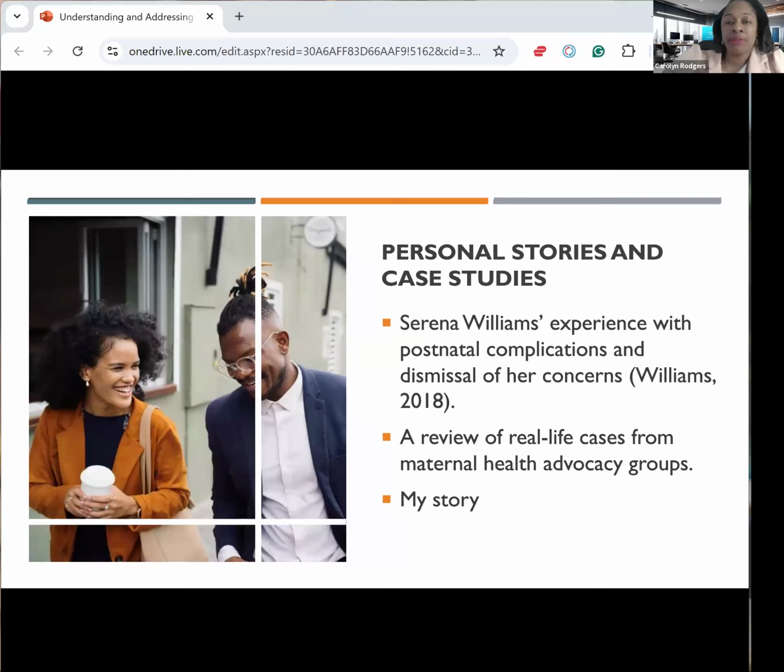So, how does this reflect implicit bias? Despite her medical knowledge, her status, because everybody knows Serena, she is a celebrity and a tennis star, and her clear articulation, her symptoms were initially dismissed. This is a textbook example of implicit bias, where the healthcare providers underestimated or discounted the concerns of a Black woman. Her case demonstrates that wealth, fame, and education did not protect Black women from the effects of bias in healthcare settings.